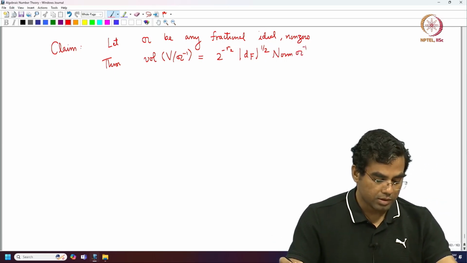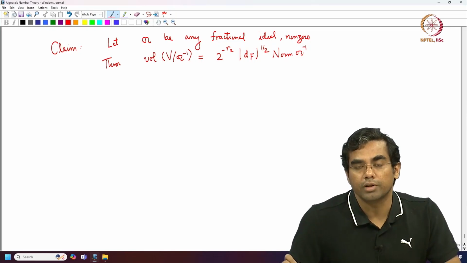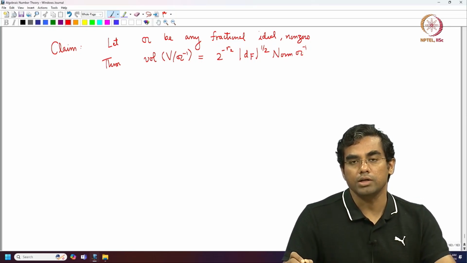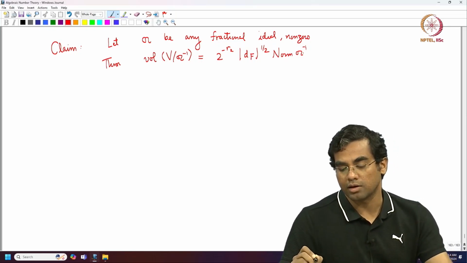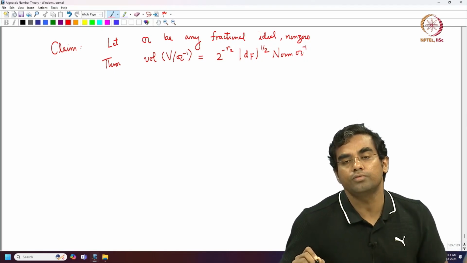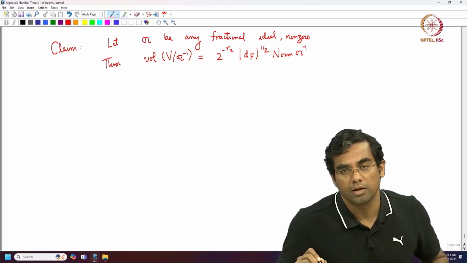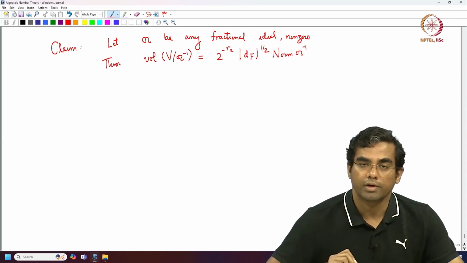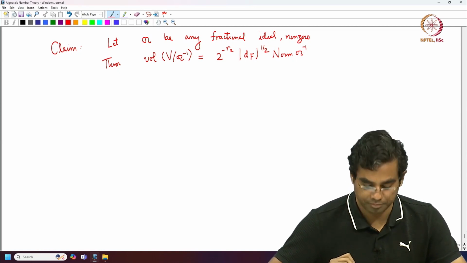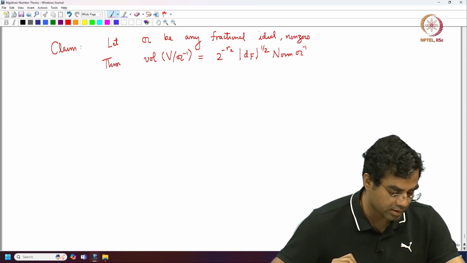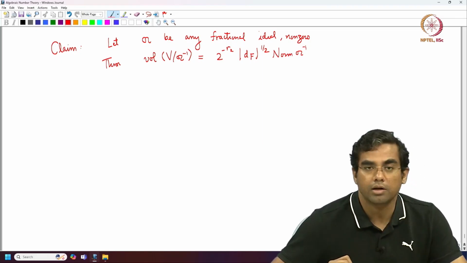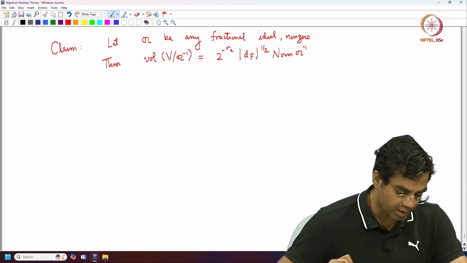Okay. So, it is clear that this is the volume when you take A to be the ring of integers, and the claim is easy to prove from the fact that the norm of A is the same as the number of elements in O_F mod A if A is an integral ideal, and from that you can deduce this claim.